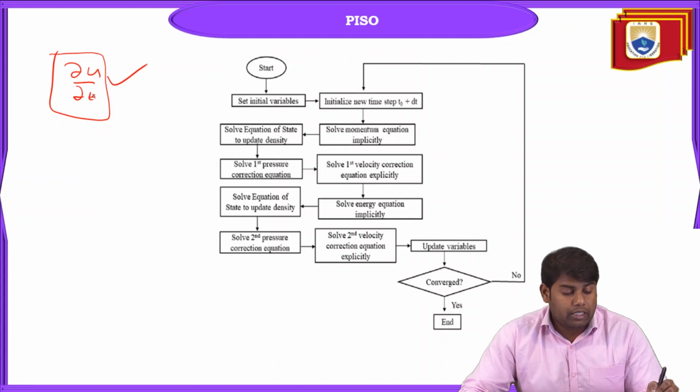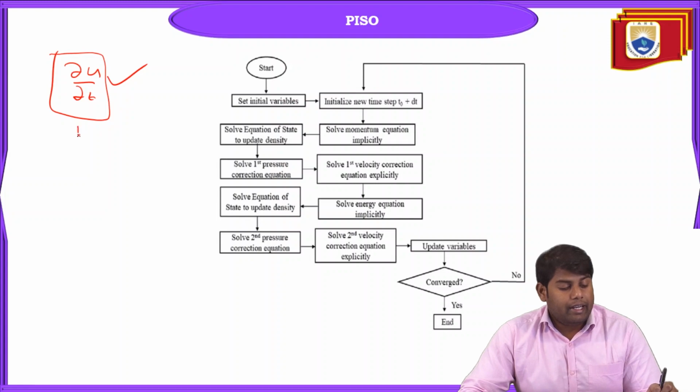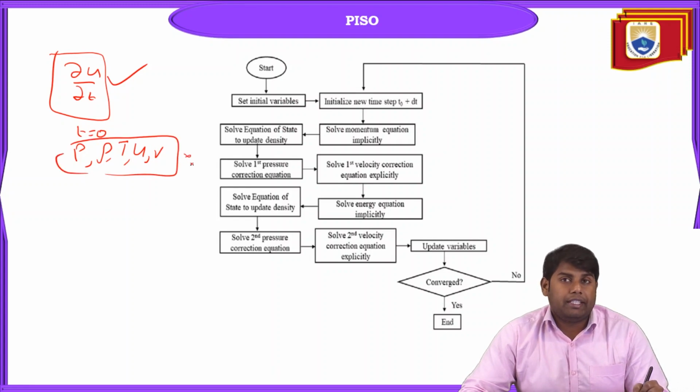After starting the simulation, we initialize the time step. Initialization in the sense that at t equal to 0, we set the value of p, rho, T, u velocity, and v velocity. These aspects we have to initialize.